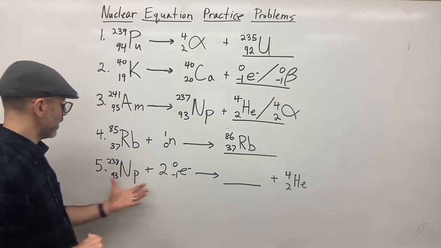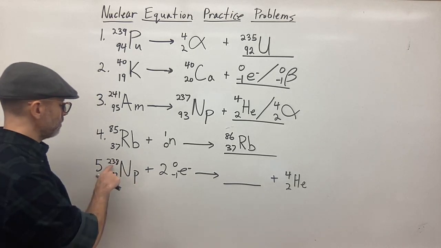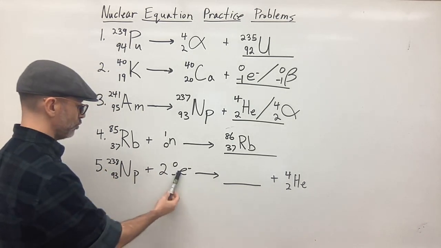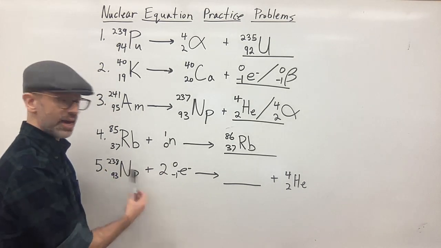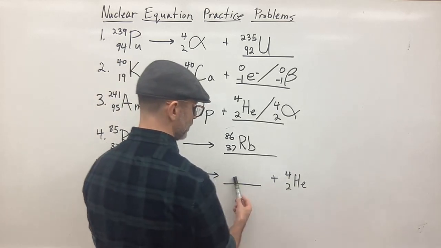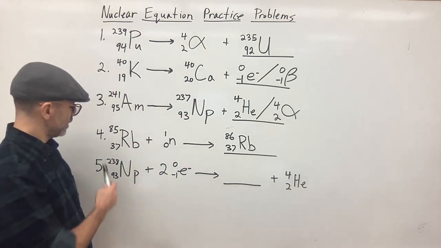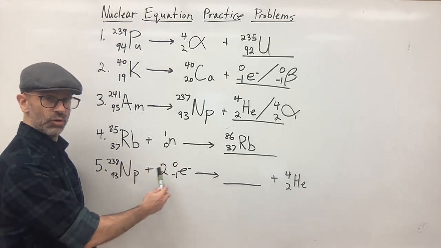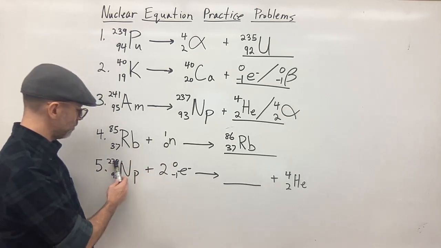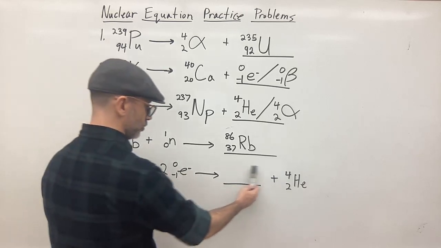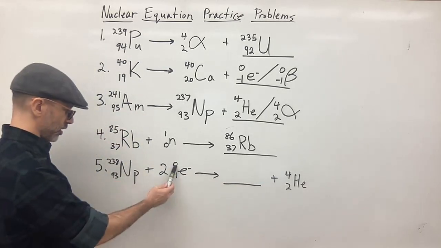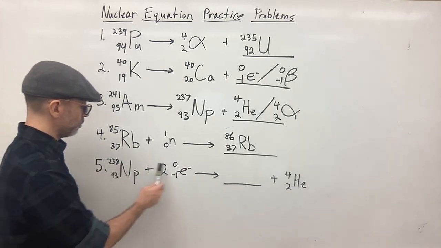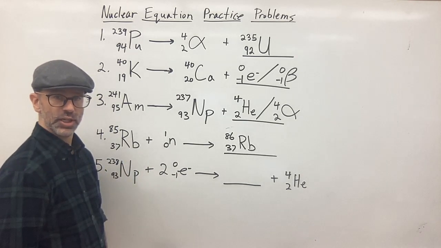And now finally we have number 5, we have Np. The top number is 238. Here we've got 2 things on this side, and we have 2 things on this side. Remember, the total for the top numbers on each side should equal each other. So it's not just this one or this one, it's the total together. So 238 plus 0 is 238.